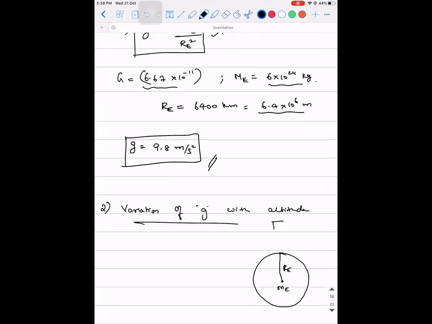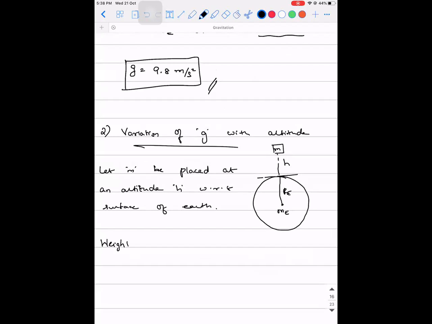So let's say there is an object of mass m which is placed at an altitude of h. Let m be placed at an altitude h with respect to surface of Earth.